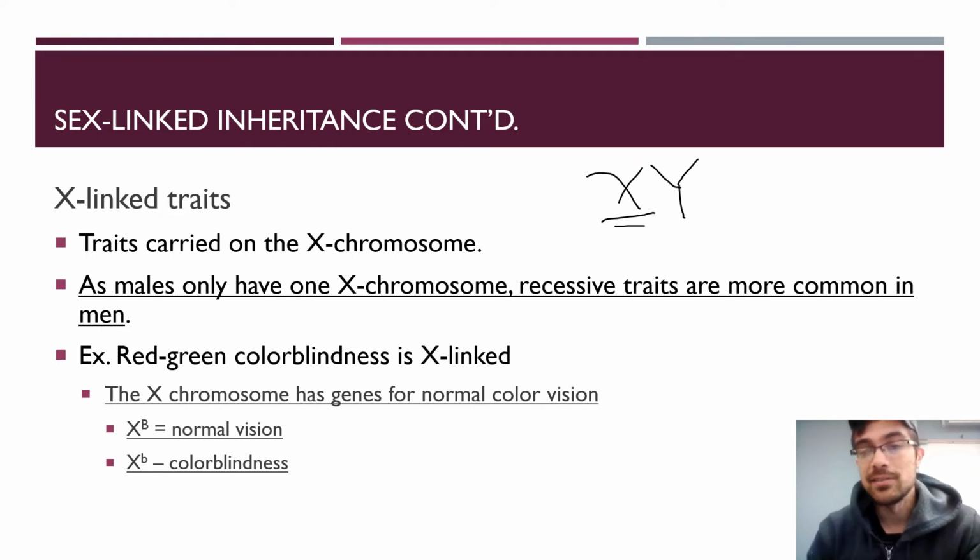In this case, since there's only 1, it can't be masked, so if it is there, it will show up. A common example is red and green color blindness. It is an X-linked trait, meaning it is on the X chromosome. In this case, we would use X capital B for normal vision and X lowercase b, as it is a recessive trait, for red and green colorblind.